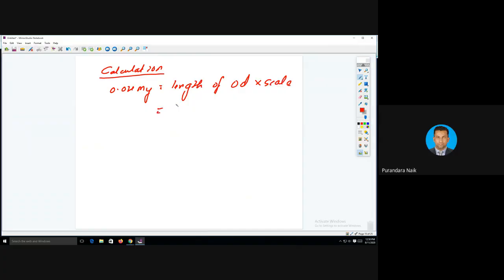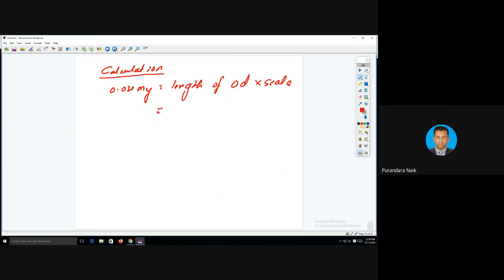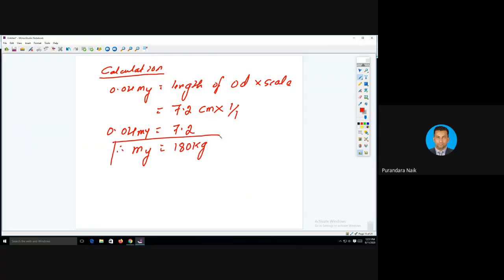If you measure the length of the dotted line, we'll get 7.2 centimeter into scale. Scale is 1 is to 1. It is equal to 7.2. Therefore, 0.04 my is 7.2, and my is equal to 180 kgs. So this is the answer.